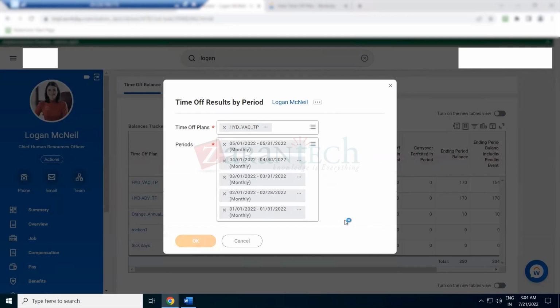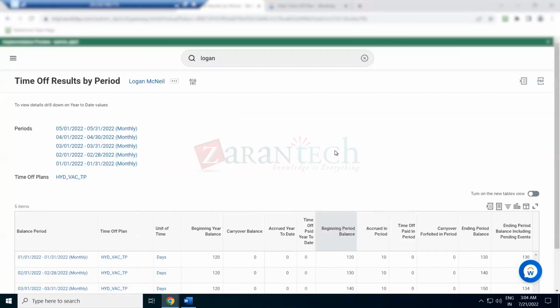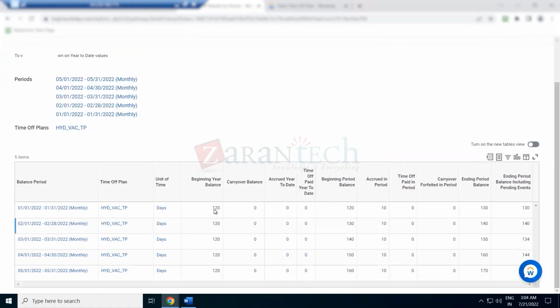Let's see. This is the beginning year balance. In January, I was having 120 days. I got some credit, which is 10 days. What is my ending balance by the end of that particular month?